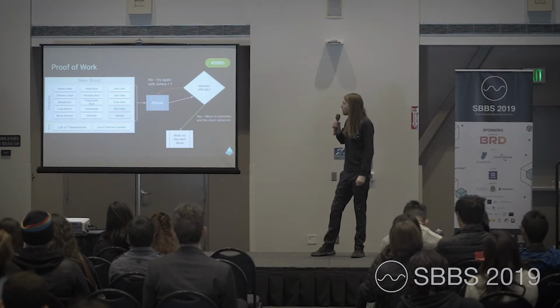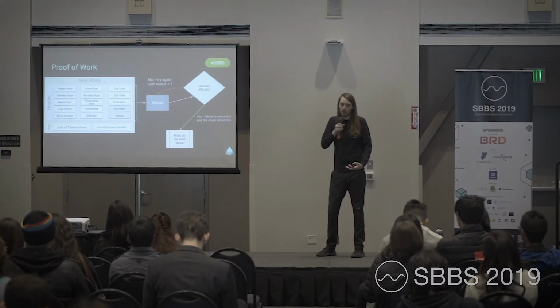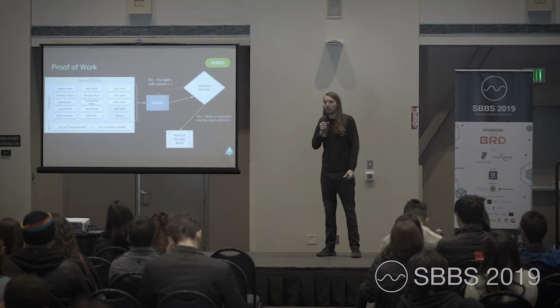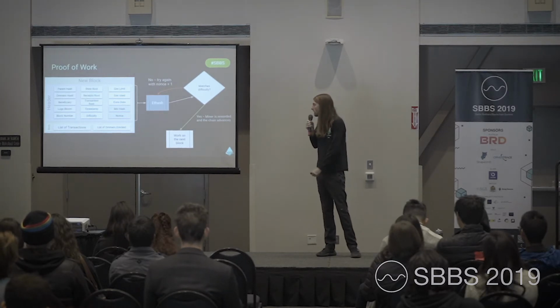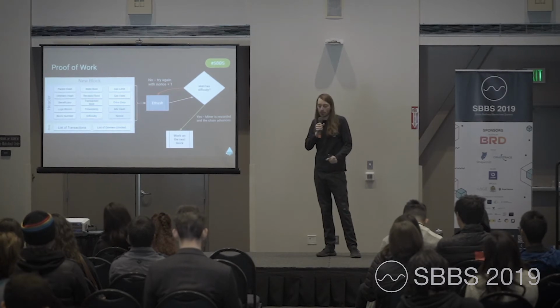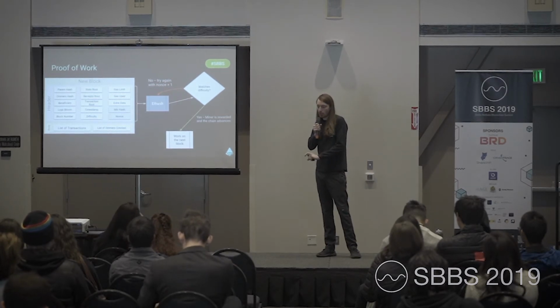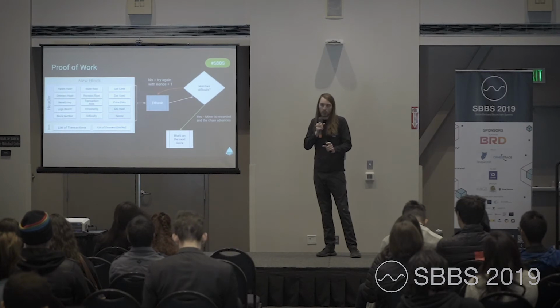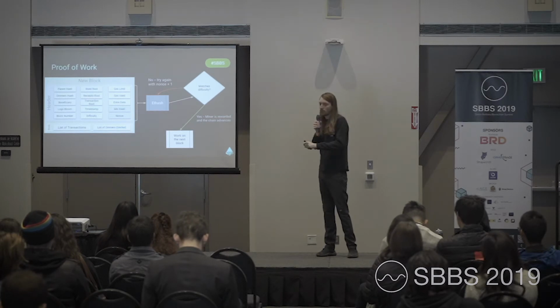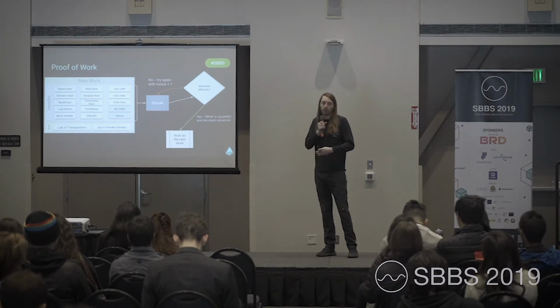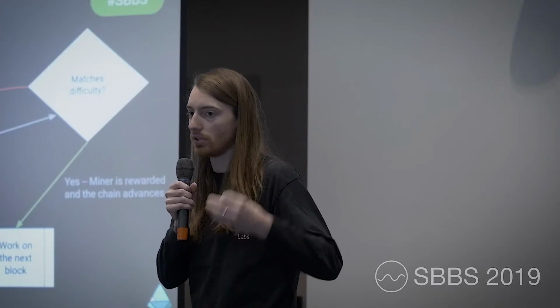And they do this over and over again until they meet some difficulty factor. So if you can imagine, we have this hash function, Ethash, and it comes out with this hexadecimal string. And we could define our difficulty as: if this string has 5 zeros in the front of it, then we've solved the difficulty. And that is probabilistically difficult because the hash function is random. It generates this random output.